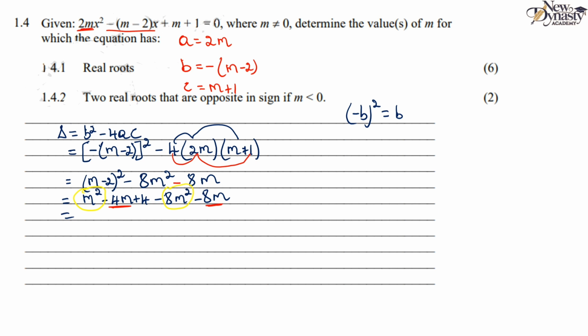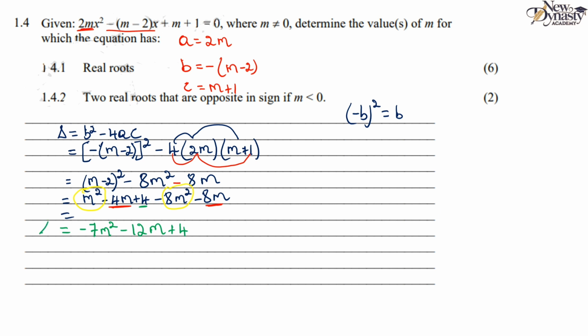So m squared minus 8m squared gives us negative 7m squared. Negative 4m minus 8m gives us negative 12m, and the 4 is on its own, so we put it there.